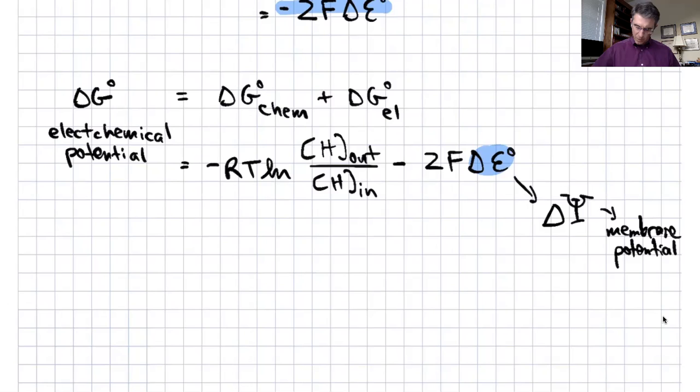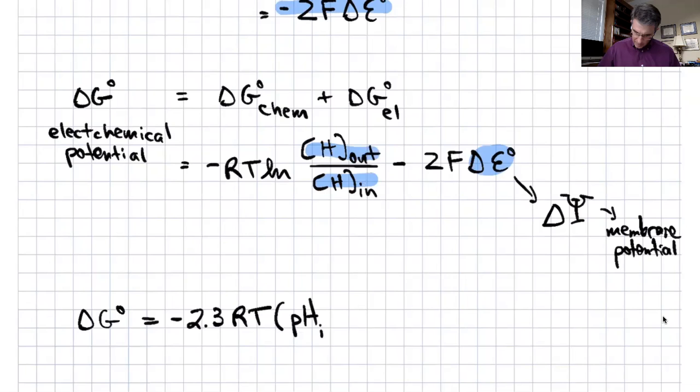The other thing we want to do is hydrogen ion concentration. That's related to something we've talked about before, which is pH. So we can combine these two ideas, change the notation for membrane potential and pH, and rewrite this expression in a more commonly seen form. We convert to log base 10, because that's where pH is: minus 2.3 RT times the pH on the inside minus the pH on the outside.